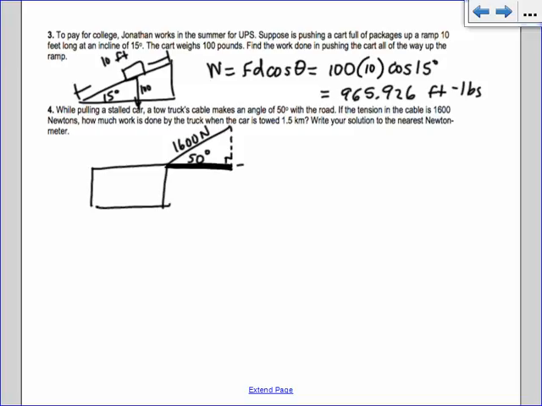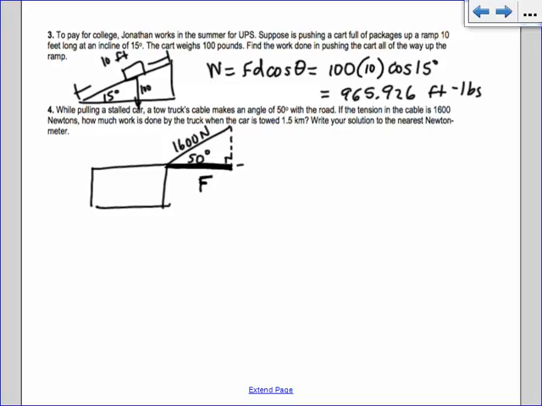We're pulling it horizontally. So let's say I want to find that, and I want to find it with X. Maybe I will call it F for my force. So I'm pulling along a horizontal road, so that's the force that I'm looking for.